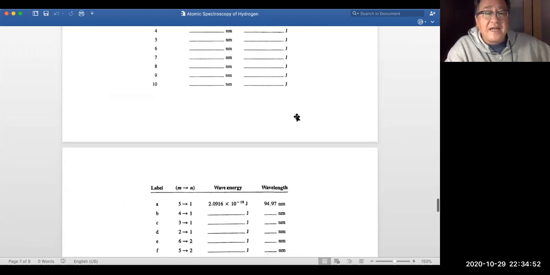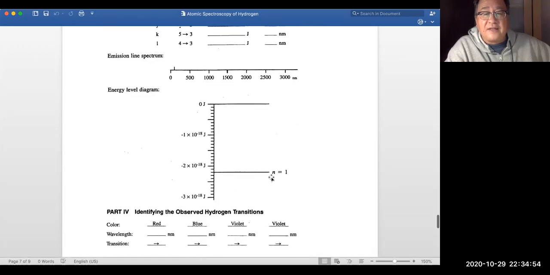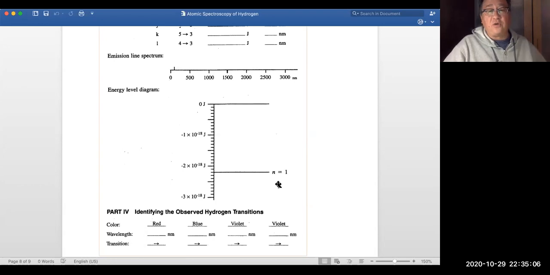Well, that is the energy written right there at this bar. If you take a look at the scale, that is minus 2.178 times 10 to the minus 18 joules. So that's for the first orbit. We're going to be drawing into that diagram the energy of the second orbit, the third orbit, the fourth orbit, the fifth, the sixth, and the seventh.